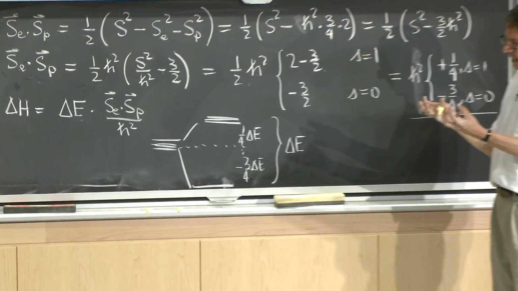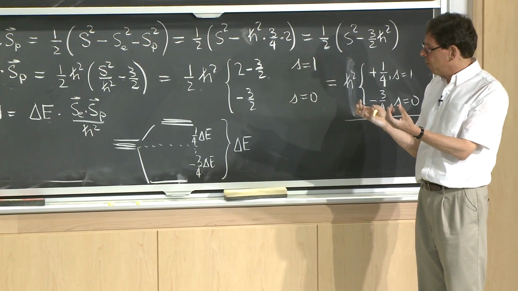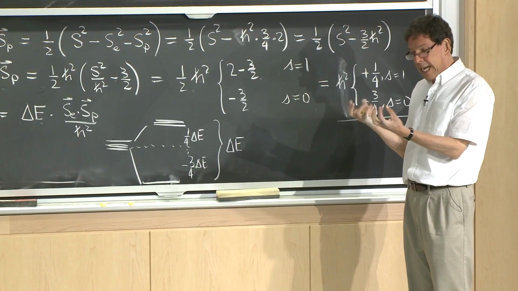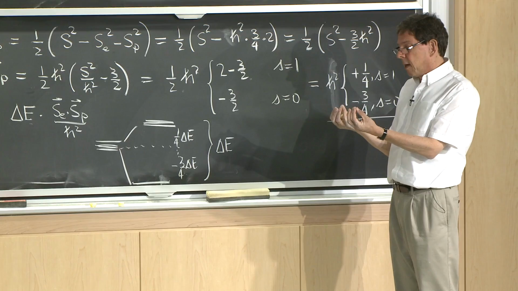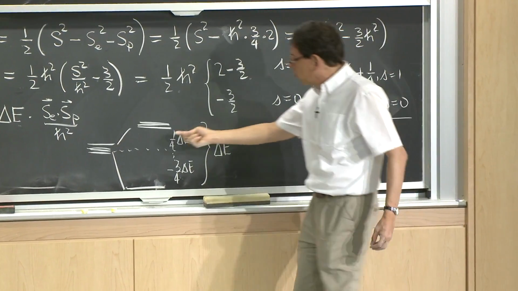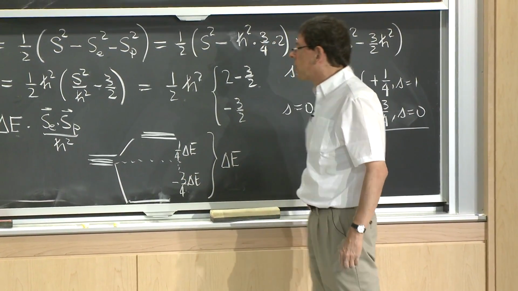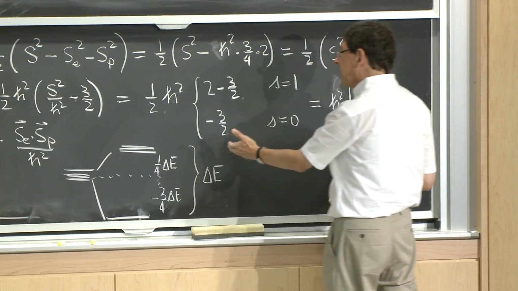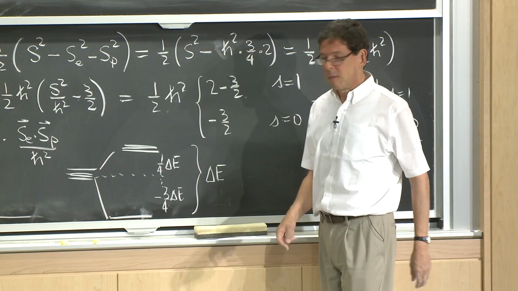These 4 states, with this perturbation, reorganize themselves nicely into a triplet that goes up in energy and a singlet that goes down in energy. And this is the hyperfine splitting.